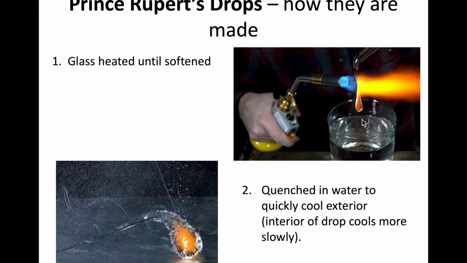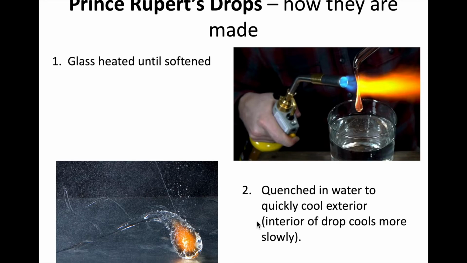When it becomes liquid-like, it would naturally form into a teardrop shape from gravity. When it becomes heavy enough, it drops and forms the teardrop or tadpole shape that you see here. We let it drop into very cool water. Just room temperature water works nicely for this.